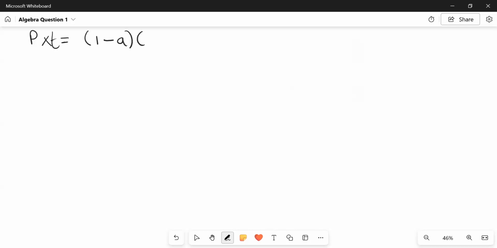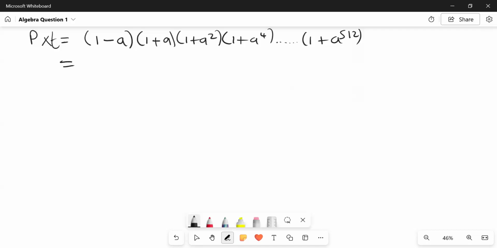But our t is 1 plus a times 1 plus a squared times 1 plus a to the power 4 continues to 1 plus a to the power 512. So let's start by multiplying these two. I can see the difference of two squares there.